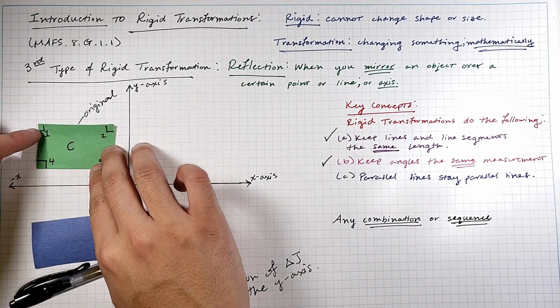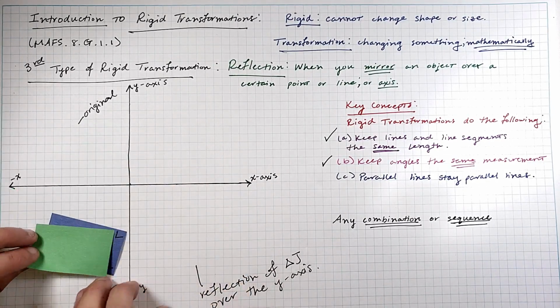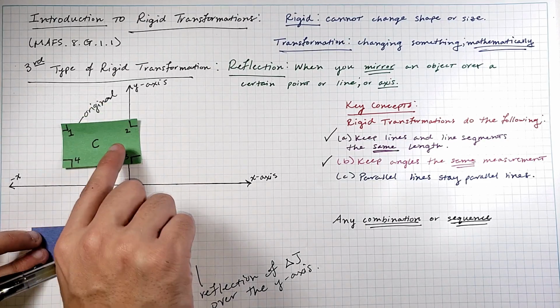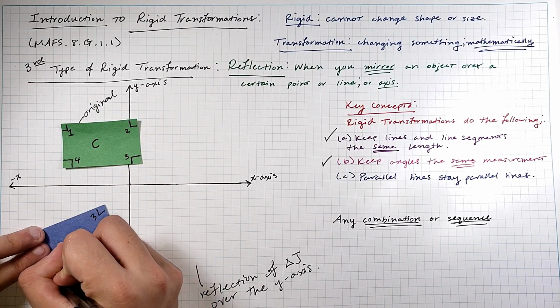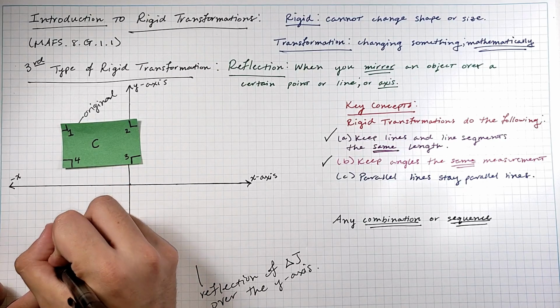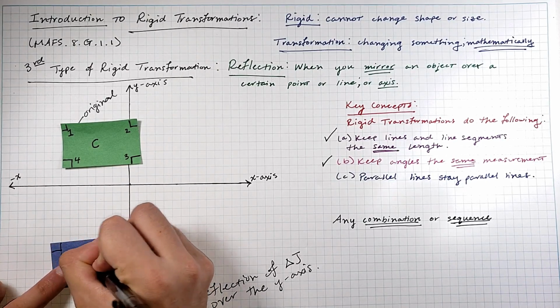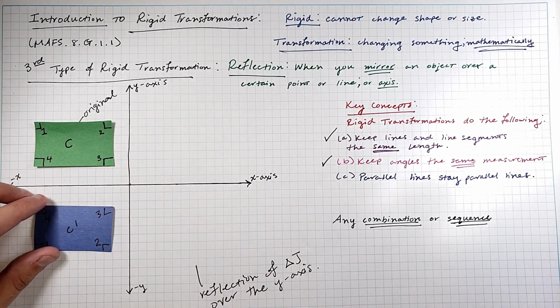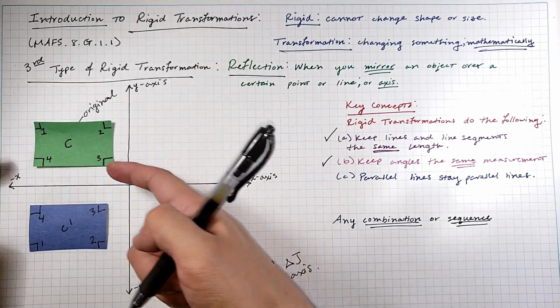Angle 1 is going to be down here, still next to the 2. That means angle 4 will be here, and we'll have C prime. So this is what the rectangle will look like if it's reflected over the x-axis.